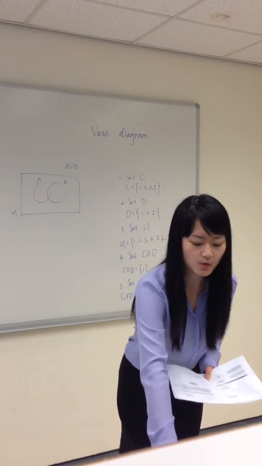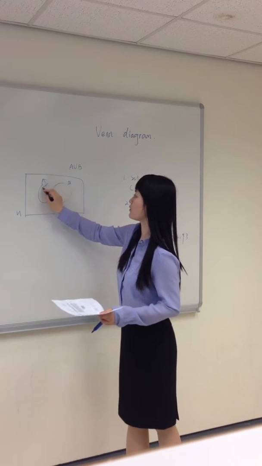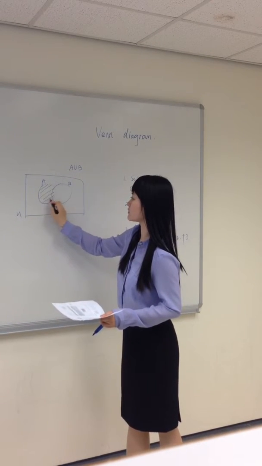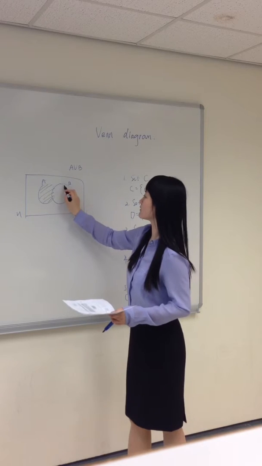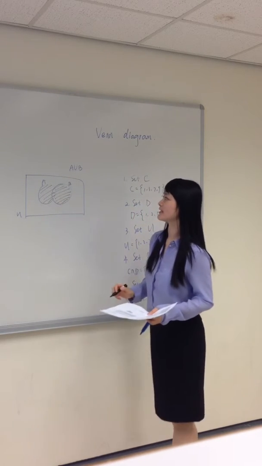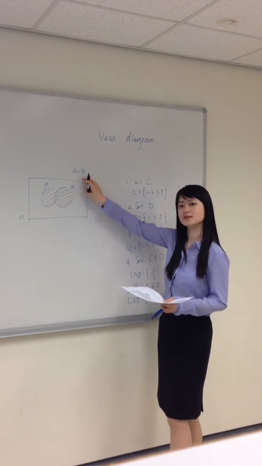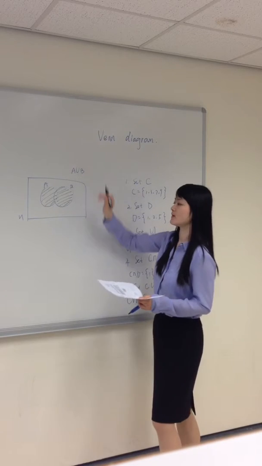Just now we said all the elements that go into A or B will be in the union set. So just all the area of this circle A and all the area of circle B will be in the union set. So these two parts will be the union set of A and B.